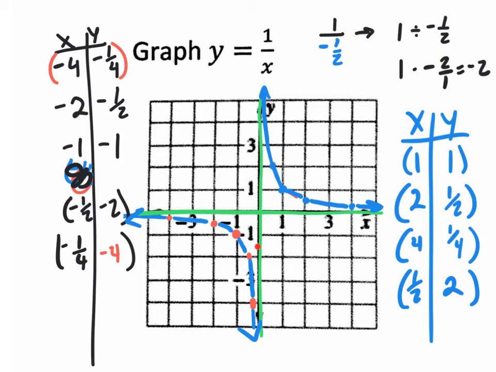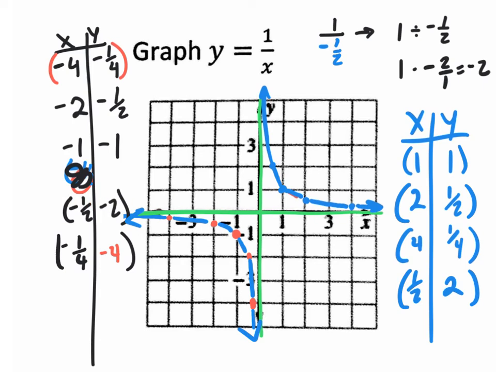Well, there's no graph. It's undefined. There is no y value for the x value of 0. There is no output for the input of 0. It would be undefined. And not only that, we do have two asymptotes. Not only is it the x value of 0, but it's also this asymptote over here, the y value of 0, which is also known as the x-axis.